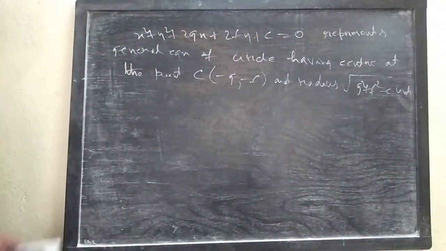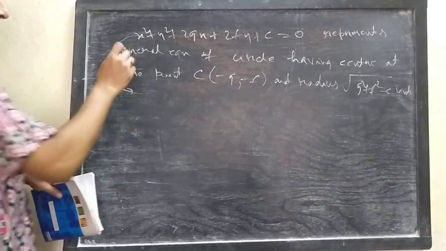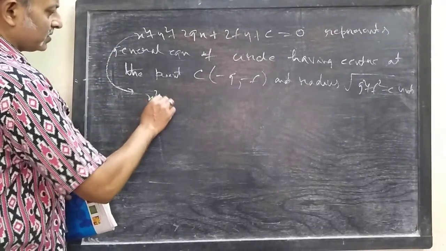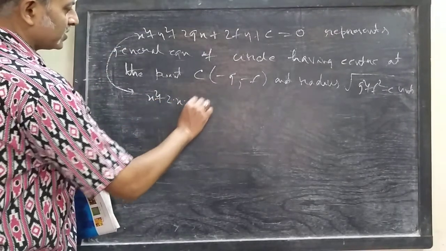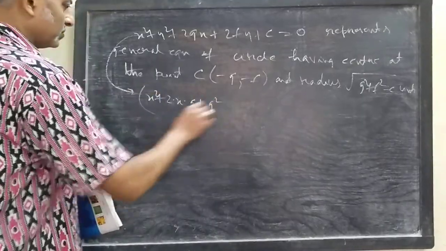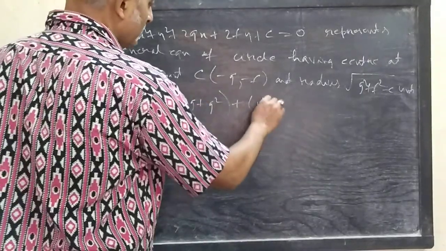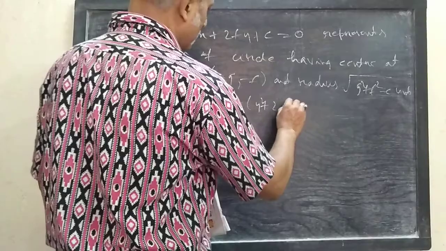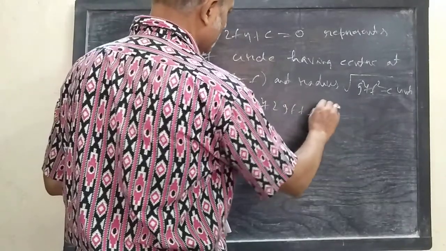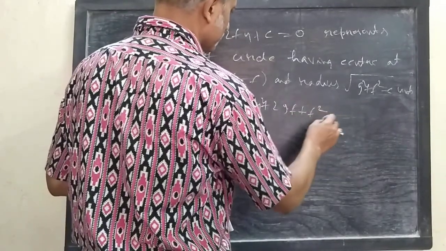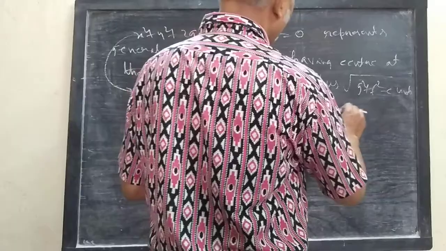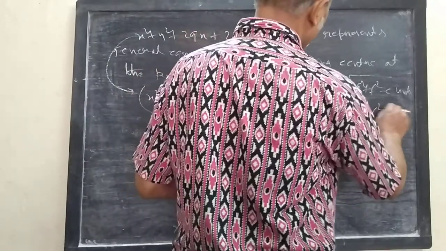How do we get this? Look, we can write it in this way: x square plus 2 dot x dot g plus g square, then y square plus 2 dot y dot f plus f square. Then we write g square plus f square minus c.